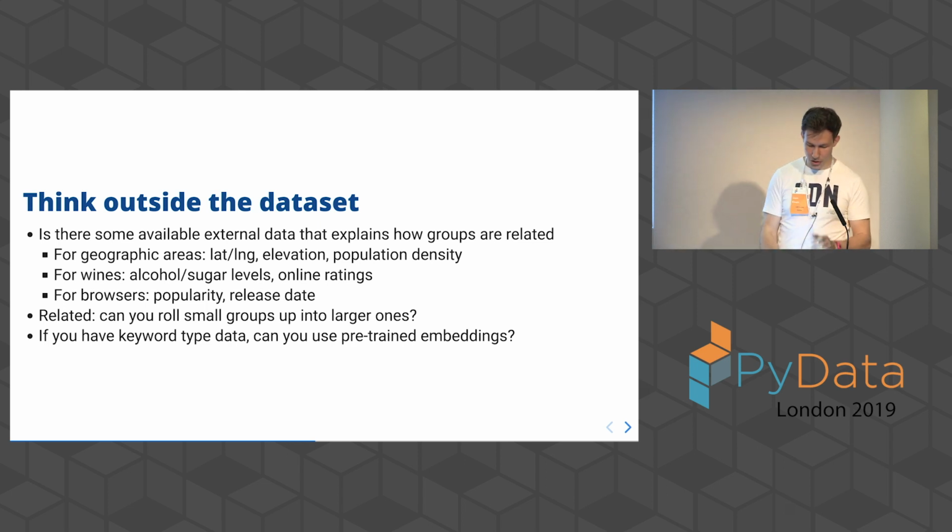Also, similar to what we were looking at before, can you roll small groups up into larger ones? If you have postcode data, maybe you need regions, or maybe countries, which will be easier for your algorithm to deal with. And like I was saying before, if you have keyword type data, can you use some off-the-shelf embeddings? Maybe.